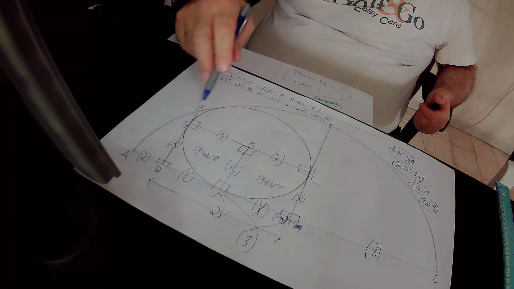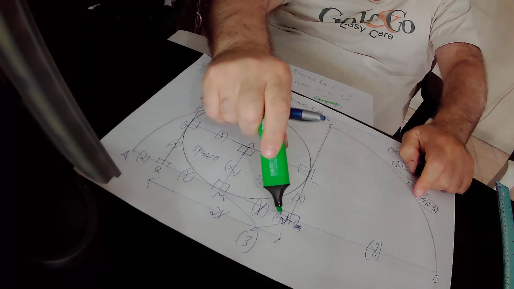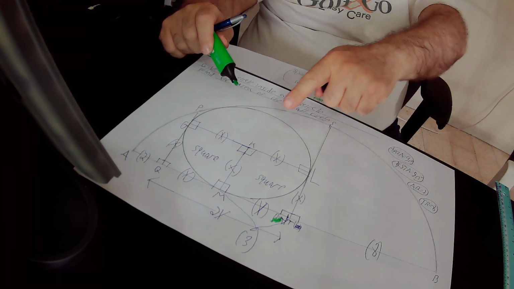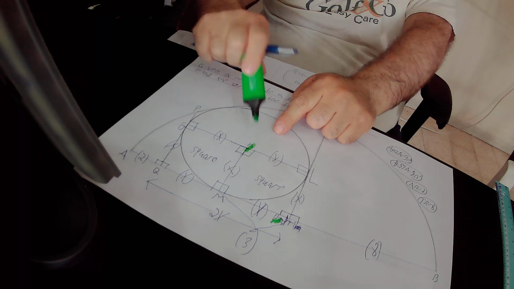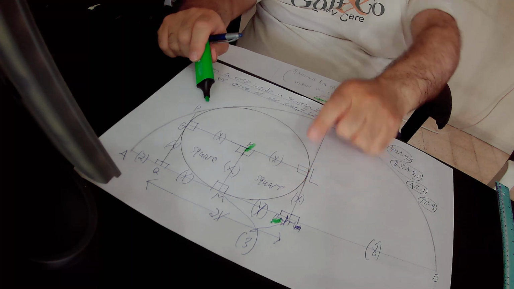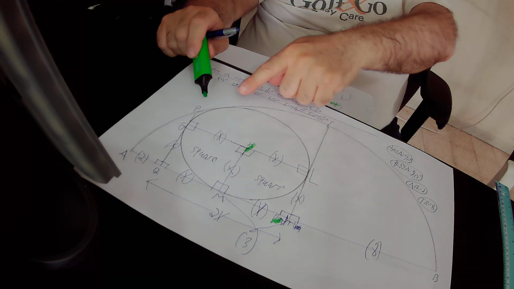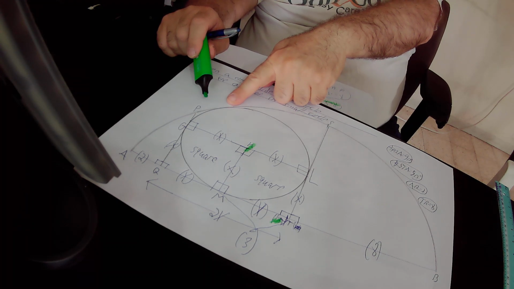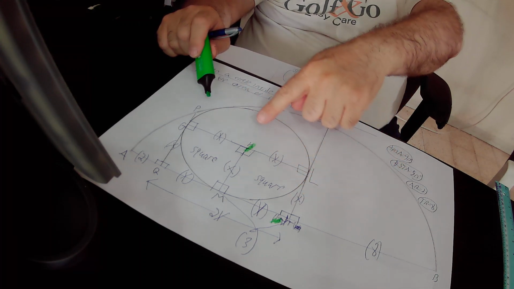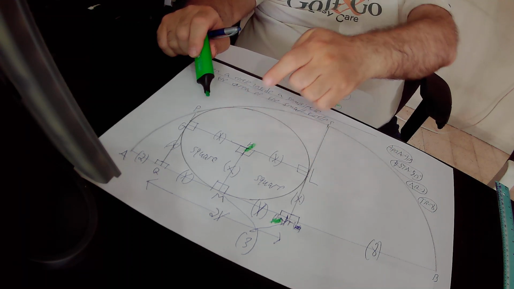The center of this big semicircle is here at point H. The center of this small circle is here at point K, and the straight line that connects the centers together is the straight line HK. So I'll join points H and K together by a straight line, and we know that the straight line HK must pass through their touching point.